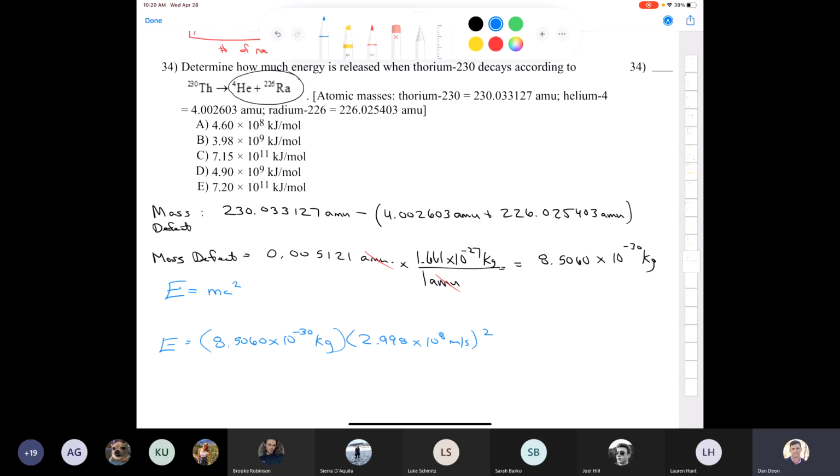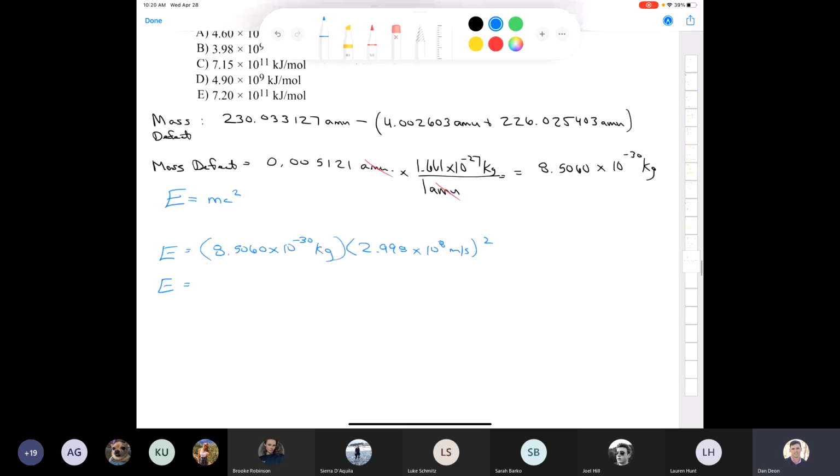When we do that, we end up with an energy that is equal to 7.655, and I know, again, I'm carrying an extra sig fig here, but I'll round at the end, times 10 to the negative 13 joules.